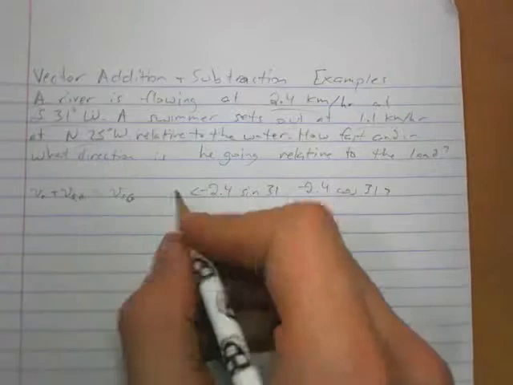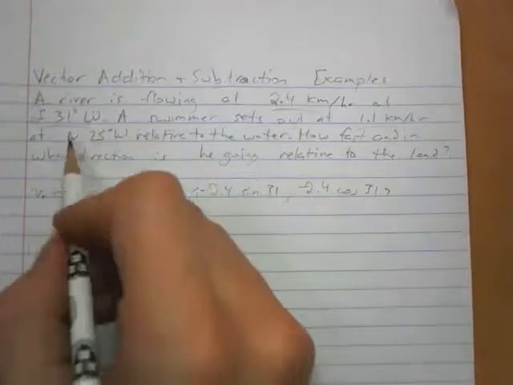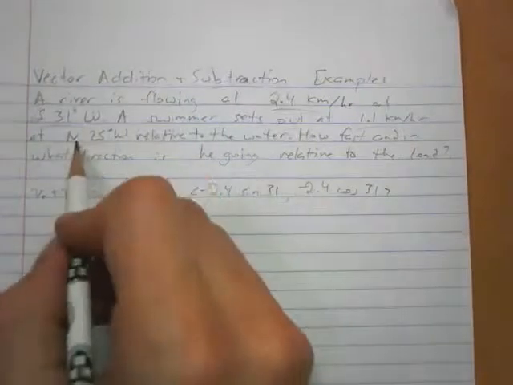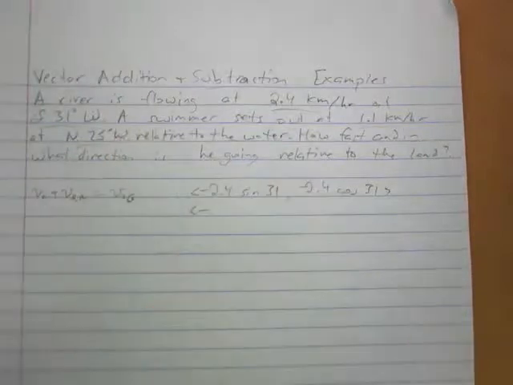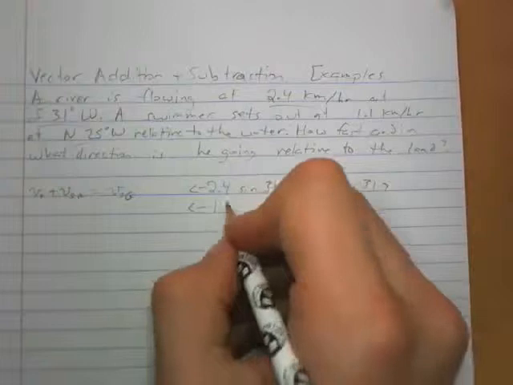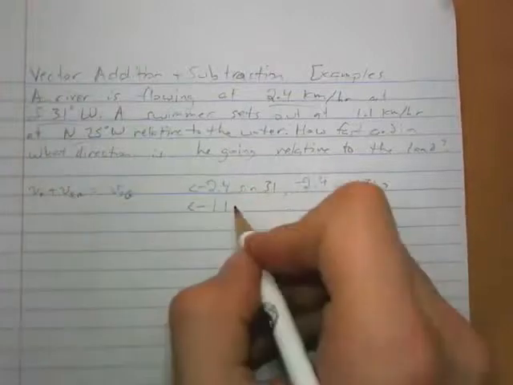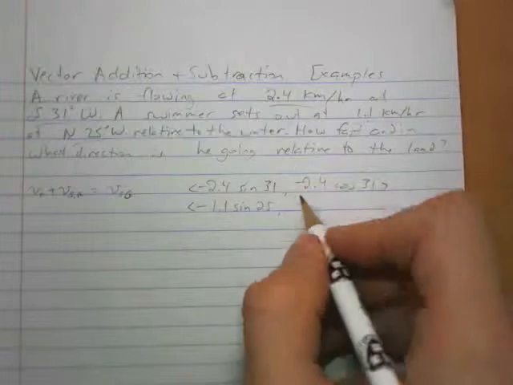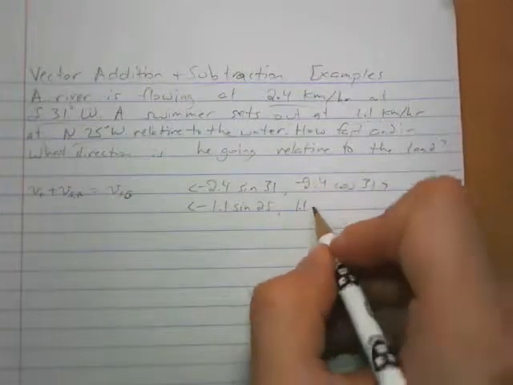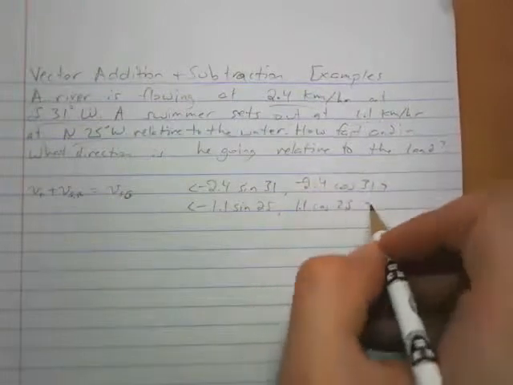North by 25 degrees west, so even though north is positive and it's first, west is still the x component of the vector. The x component is negative. 1.1, since north is first, we have sine in our x component, and 1.1 then cosine 25 in our y component.